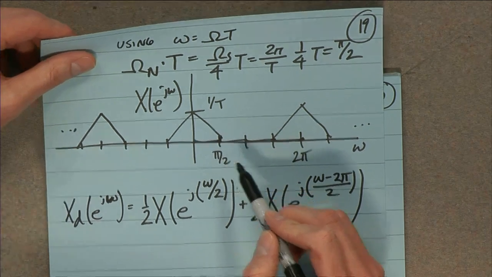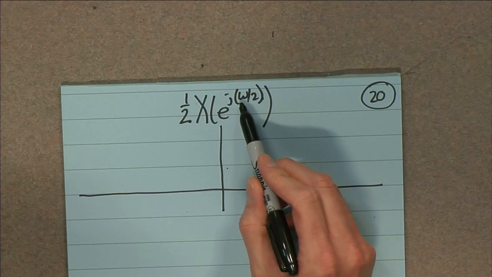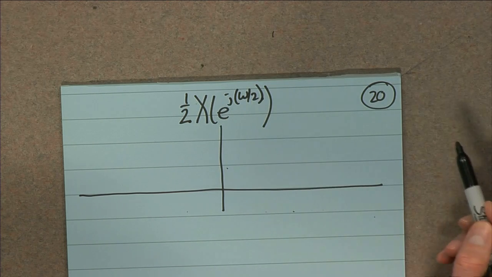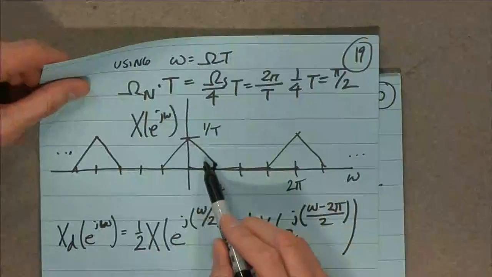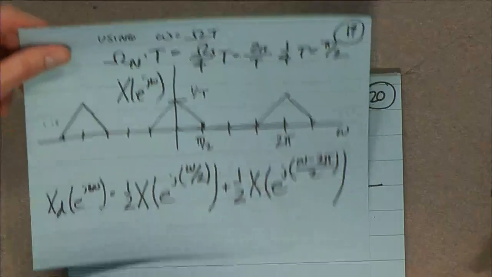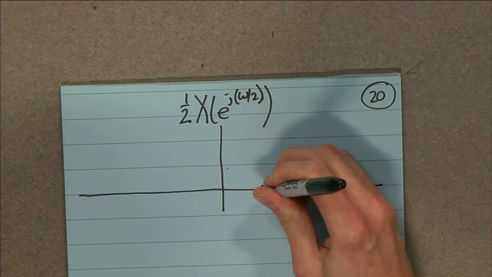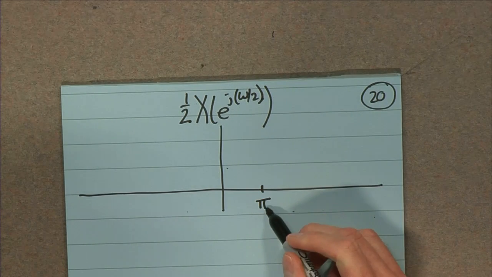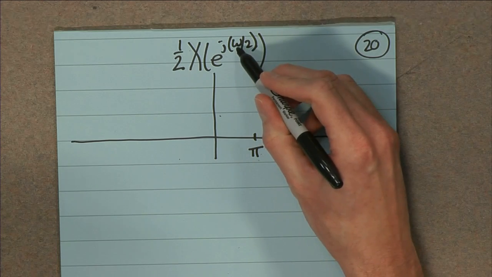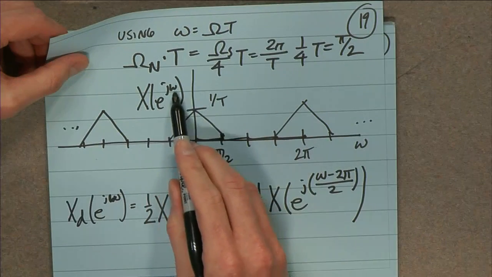Because if I put in pi here, omega equal to pi, then I get x of e to the j pi over 2. I know what that is because I look down here, x of e to the j pi over 2 is 0. I'm going to put a pi here, and hopefully that makes sense to you.